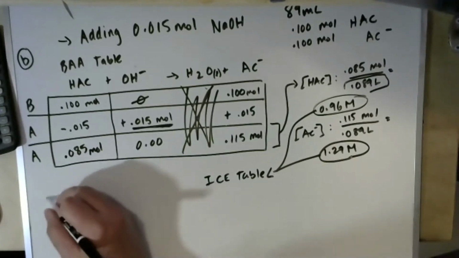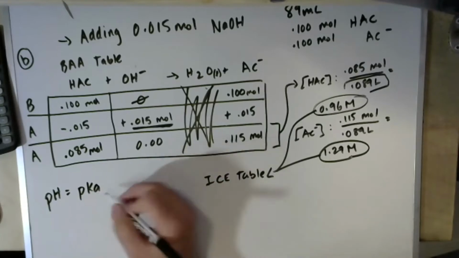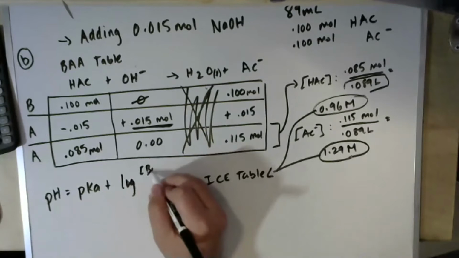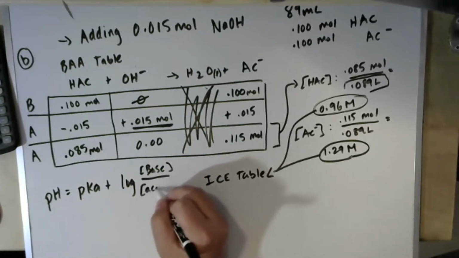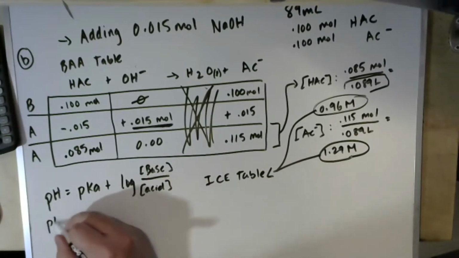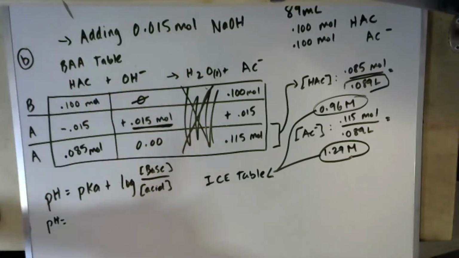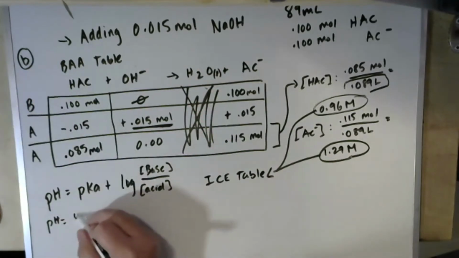We can calculate the pH by using the pKa plus log of base over acid. Our pKa we're going to calculate from the Ka value that was given in the problem, and that's going to be 4.74.